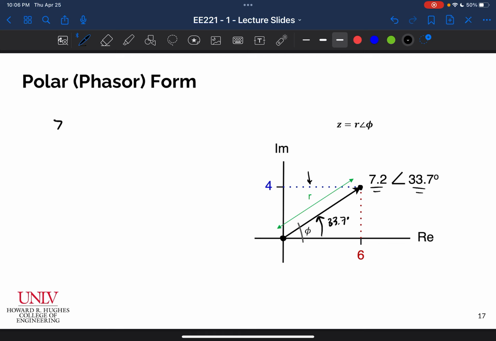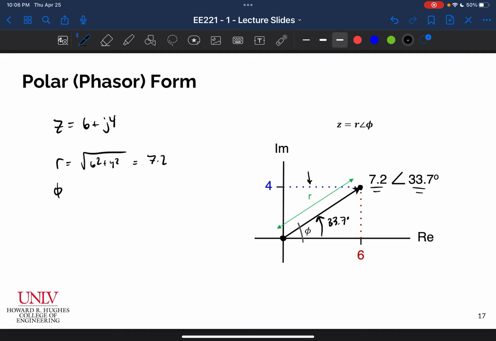So we have the number, which we know can be written in rectangular form as 6 plus j4, or in old terms, how you learned it in school, 6 plus 4i, but I'm not going to write that. I'm going to go to j from now on. Or we can write this in phasor form by converting to r, which is the square root of 6 squared plus 4 squared, which gives me 7.2.